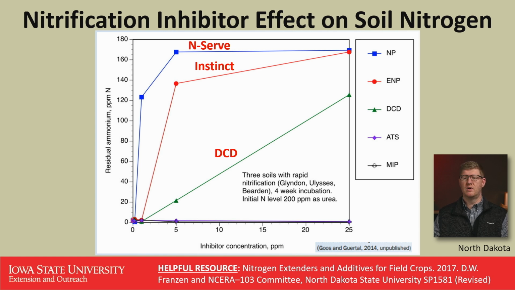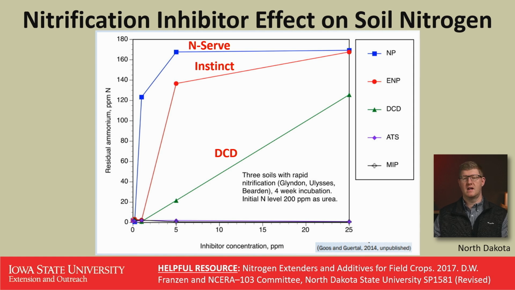And so I think it's important to notice here, and on the next slide I'll show you again, that the purple line on this figure represents ATS. What you'll notice is that the purple line is at 0 in terms of ammonium concentration, regardless of the concentration of ATS applied. And so what that tells us is that it's very unlikely that you're going to get nitrification inhibition by using ATS at economically feasible application rates.